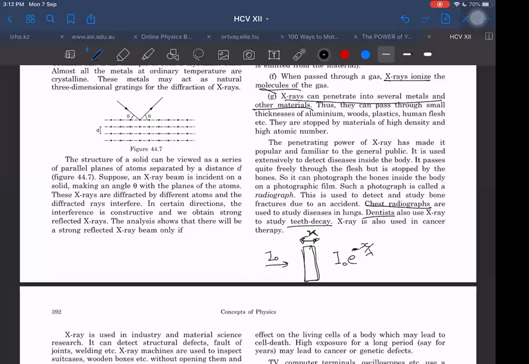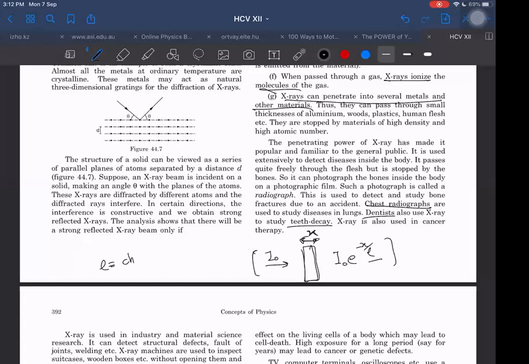Or you just don't write lambda, you may be confused by it. Write L. What is L? L is some characteristic length. It is that length in which the intensity drops to 1 by e times the initial intensity, I0 by e.